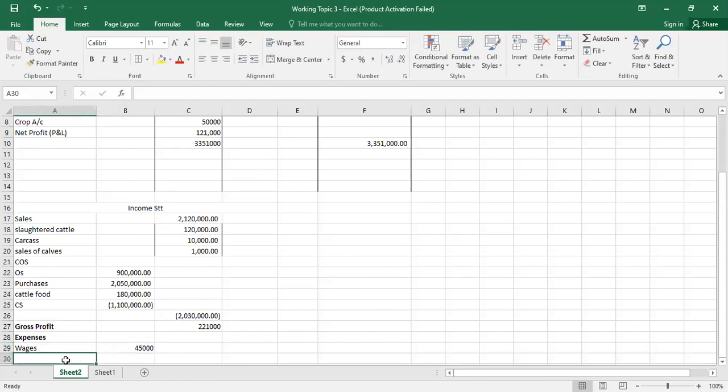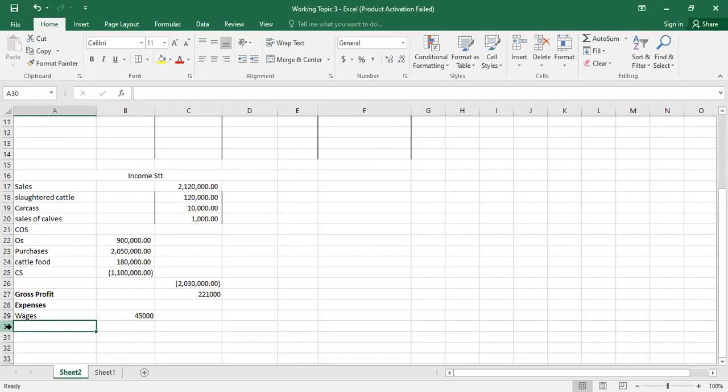Then we have the value for slaughterhouse. So you have slaughterhouse expenses, which is 5,000.